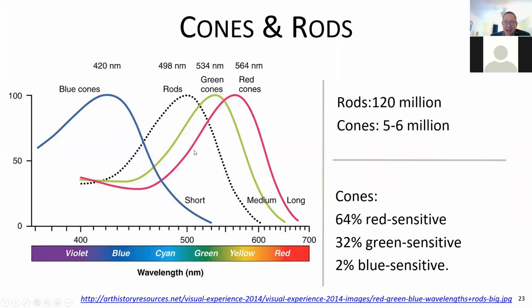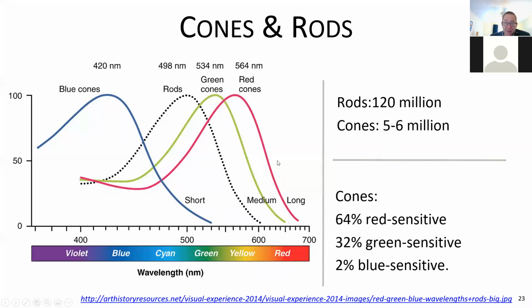So the vast majority of your color encoding, the things you see in the world in terms of hue, are based off of red and green. That's what we're really good at detecting, red and green. And even when we have blue, the way you differentiate your different blues is the amount of red and green that's thrown in there as well.